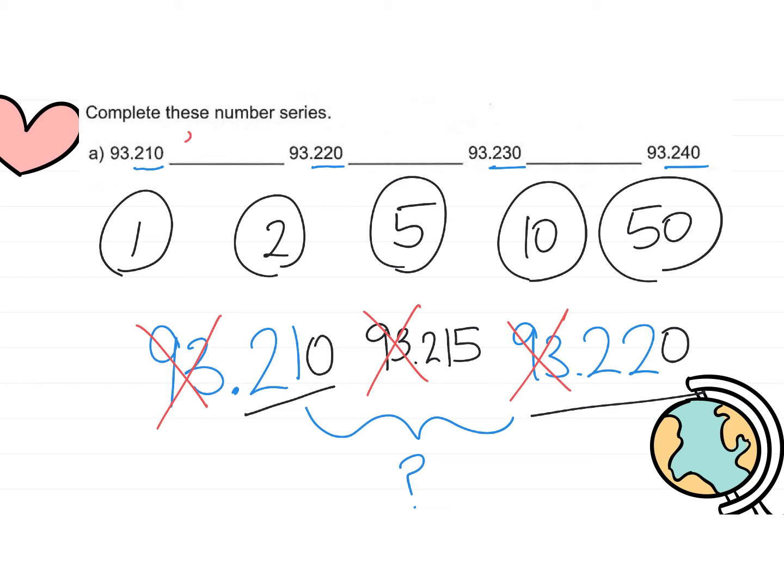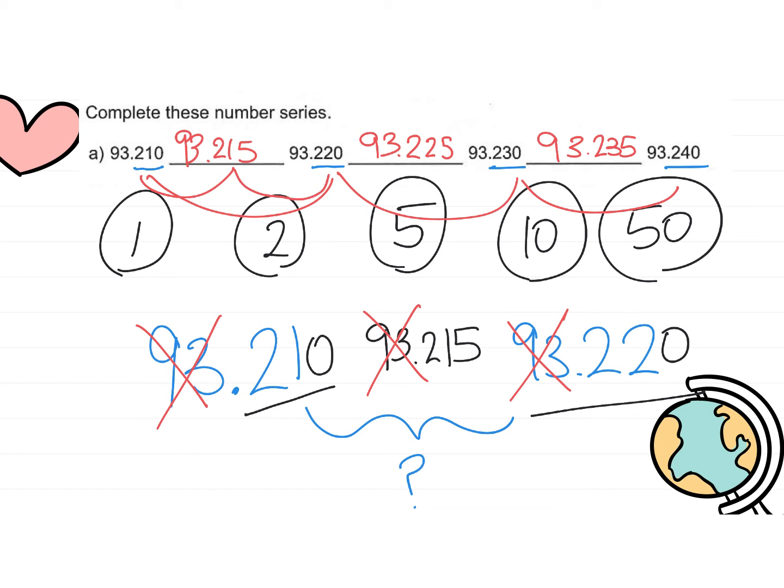So if this would be 93.215, this one would be 5 more too: 93.225, 93.235. You can see now it used to go up by tens, but now it skip counts by 5.